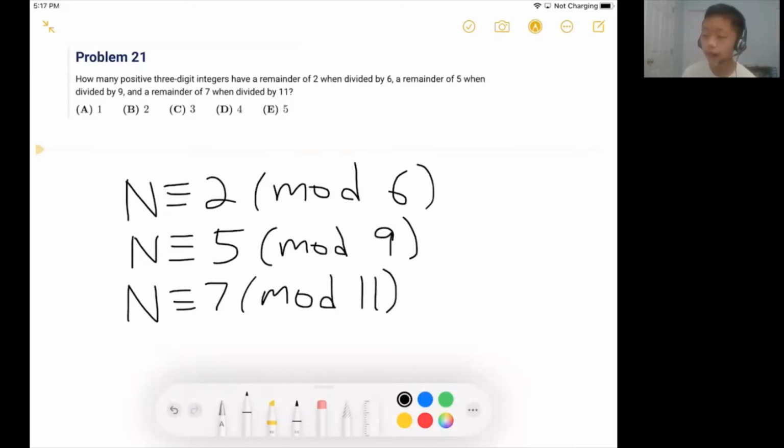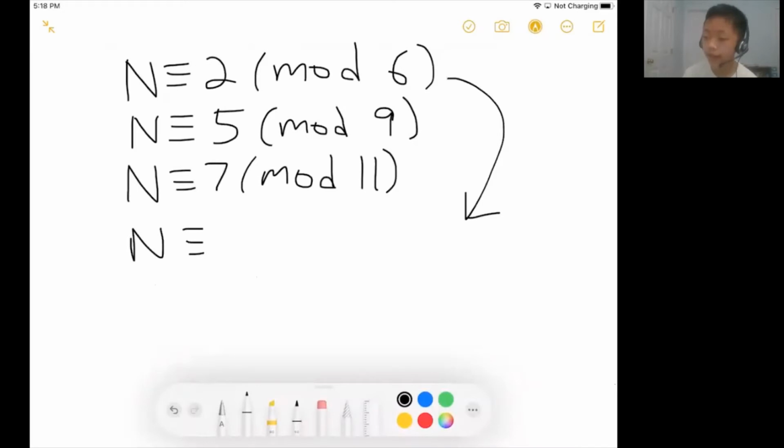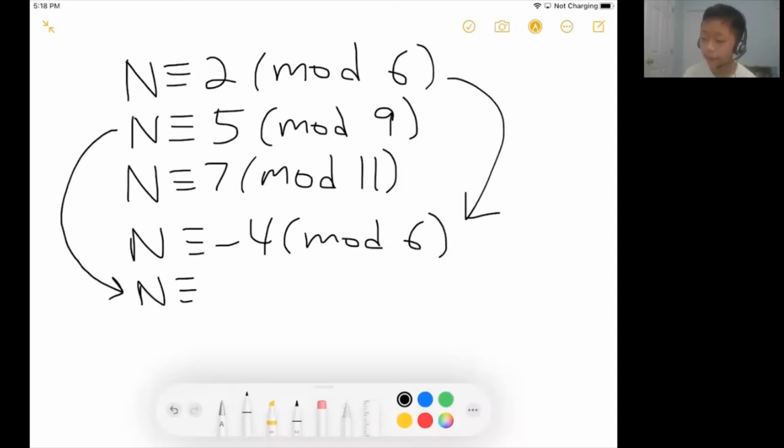So what we can do now is rewrite these 3 congruences. You can write the first one as n is congruent to -4 mod 6. I can write the second congruence as n is congruent to -4 mod 9.